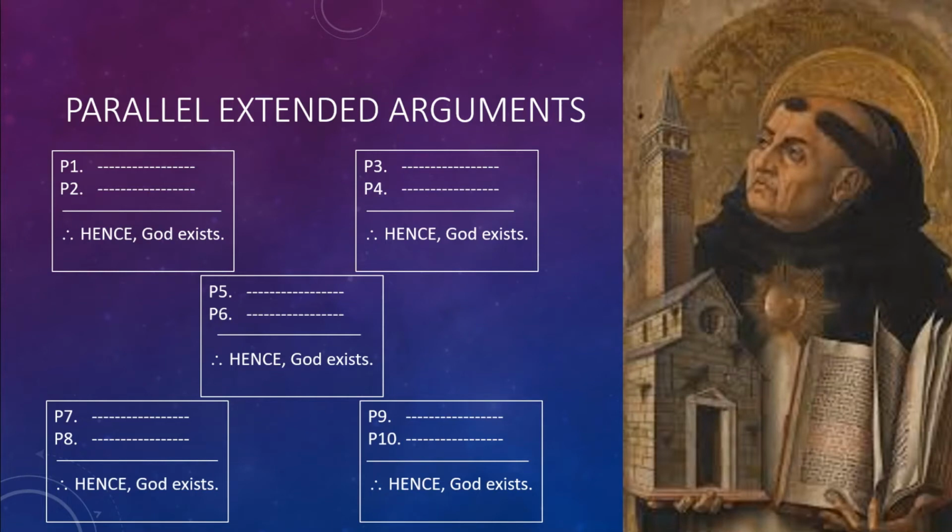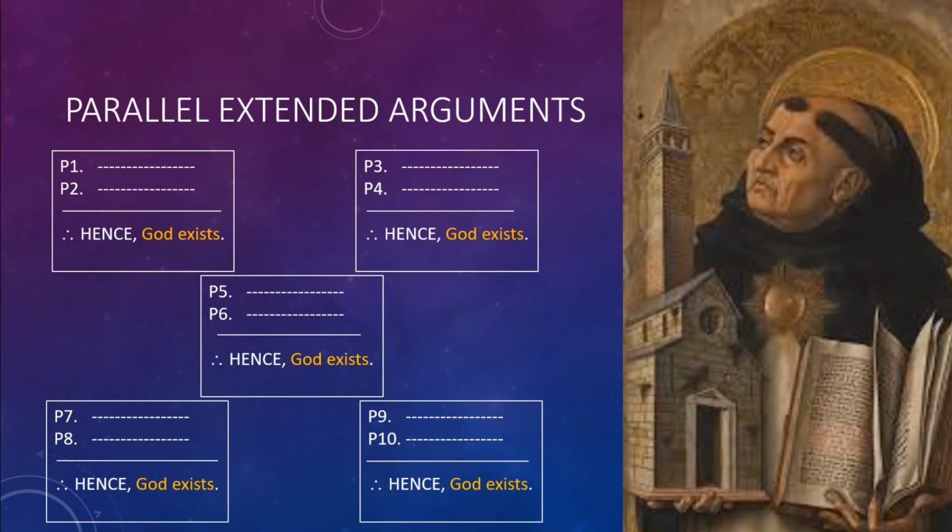These arguments don't really link up in any way, the way we saw with linear extended arguments. None of them is an argument in favor of the premises in a different argument. Instead, all 5 of them lead to the exact same conclusion from 5 different sources. They lead to the conclusion that God exists.